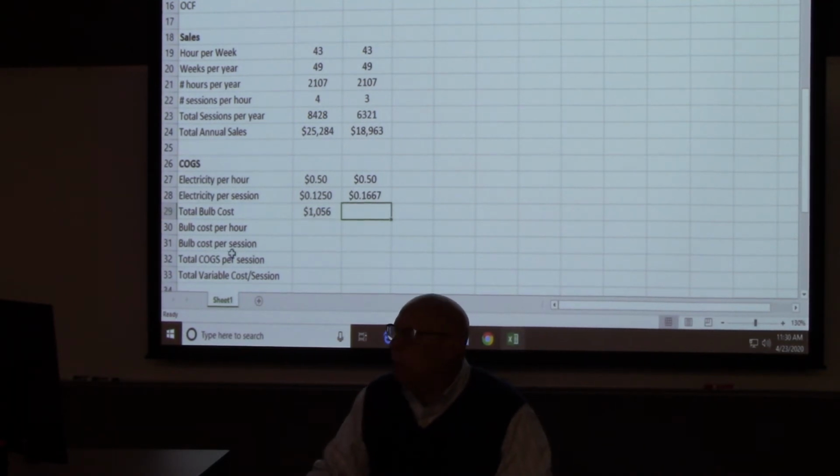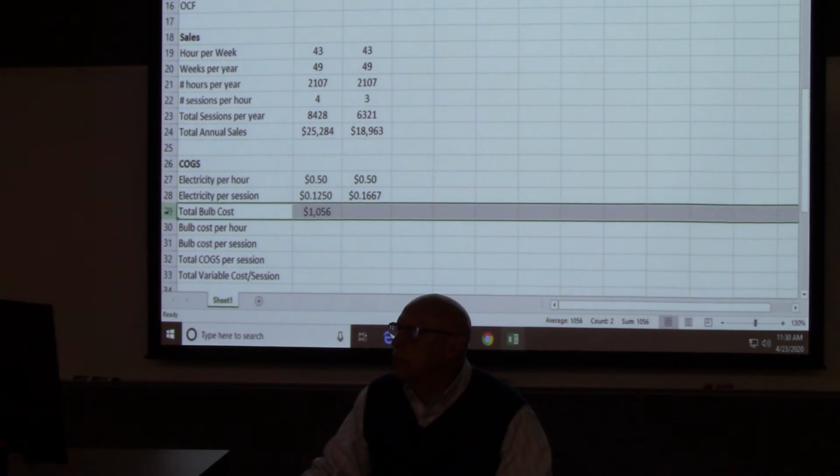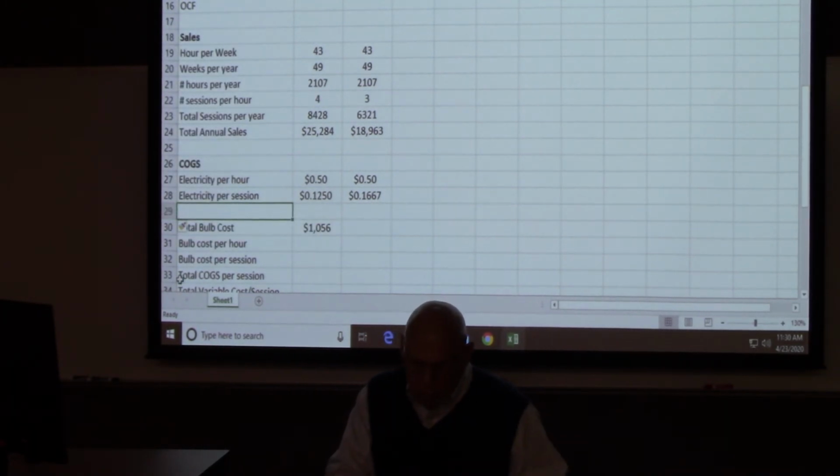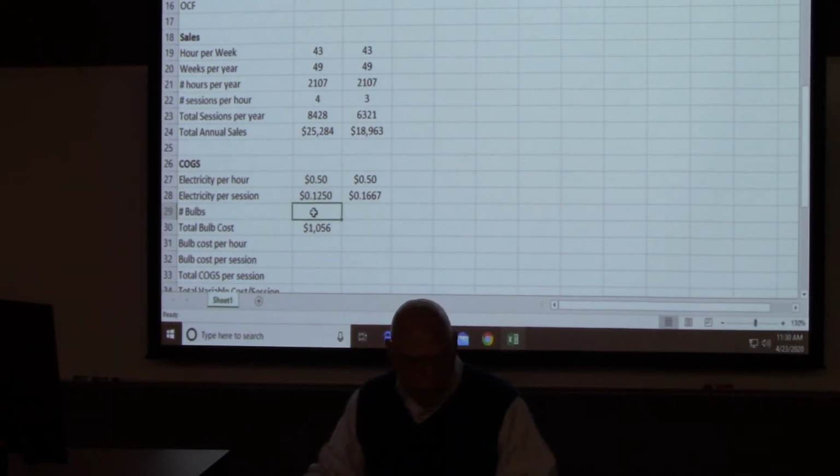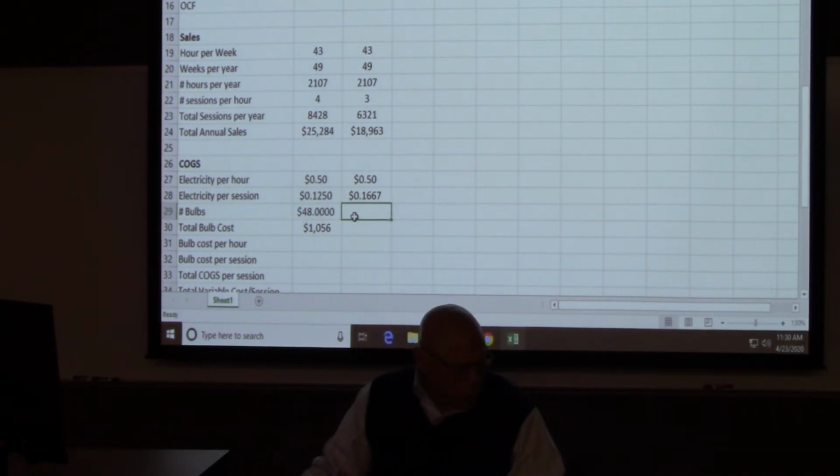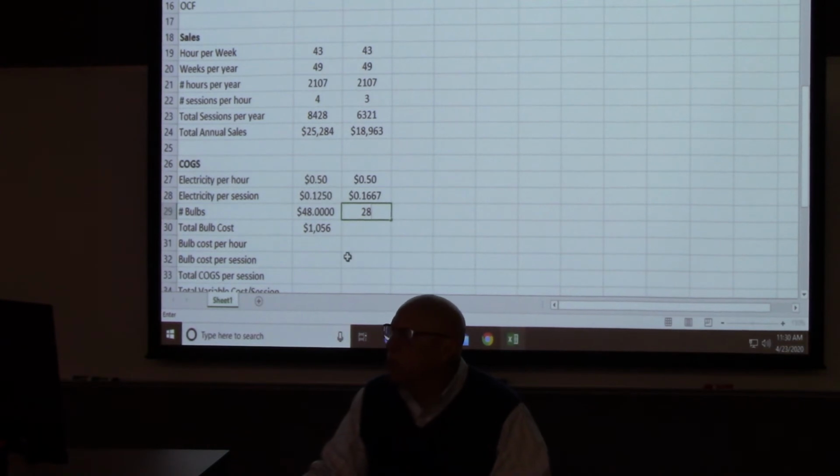And, I mean, we could add, insert, number of bulbs. How about that? So we have 48 and we have 28. And this needs to be formatted. These are not currencies, so 48, 28.